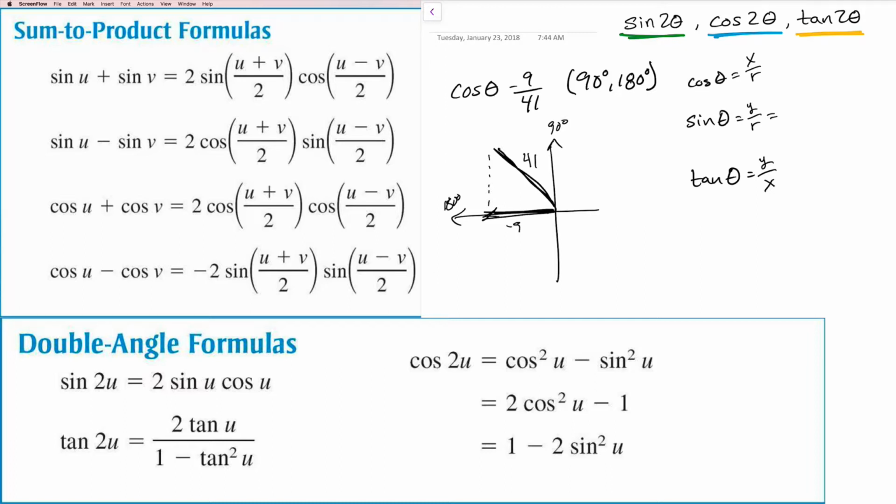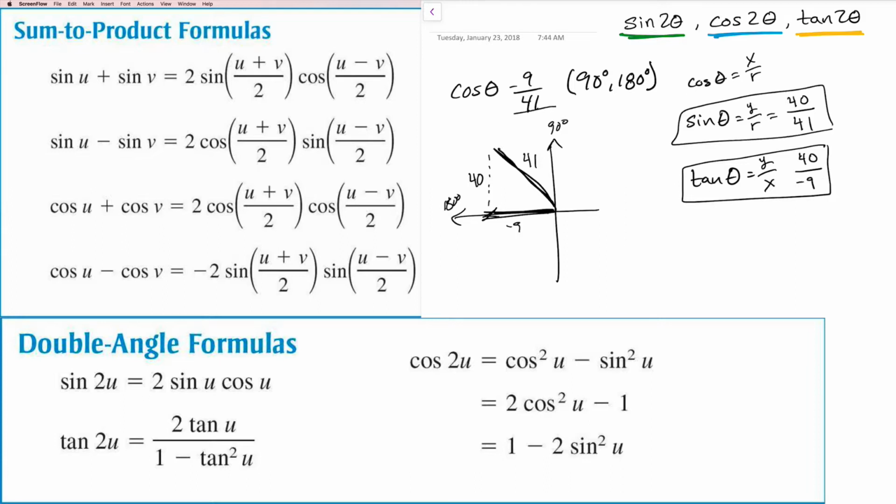And I plug that into my Pythagorean theorem, and I get the value of 40. So now I know my value for y. So sine theta then would be 40 over 41. And then for a tangent, that would be 40 over negative 9. All right, so there we go. We have our tangents, our sines, and our cosines.